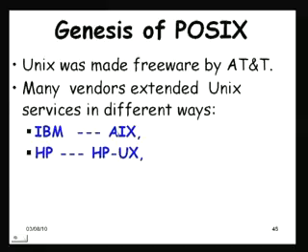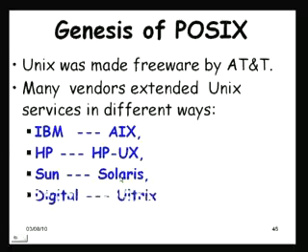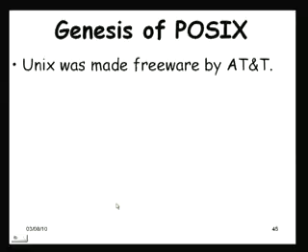HP UX, many features they thought appropriate, they added to the basic Unix. Sun had SunOS, and then from that Solaris, again an extension of Unix in their own way. The Digital Equipment Corporation had their Ultrix operating system, again a derivative of Unix, extended whatever they thought right. And SCO with SCO Unix.